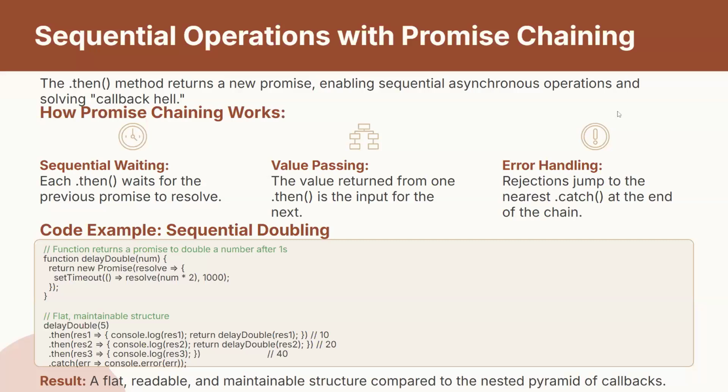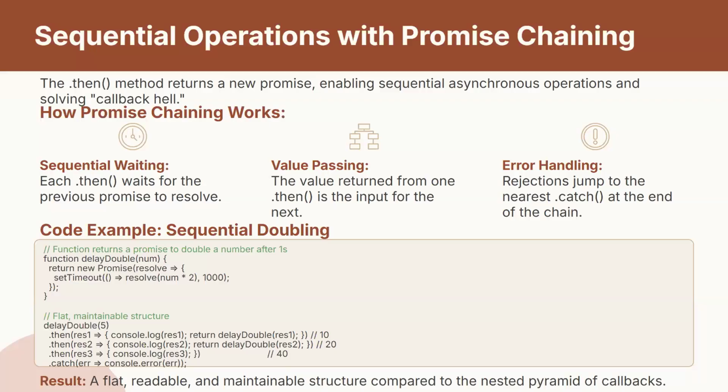Let's talk about promise chaining. This is actually one of the most powerful features of promises because it allows us to connect multiple asynchronous operations in sequence without falling back into the callback problems that we had seen before. Here's how it works.